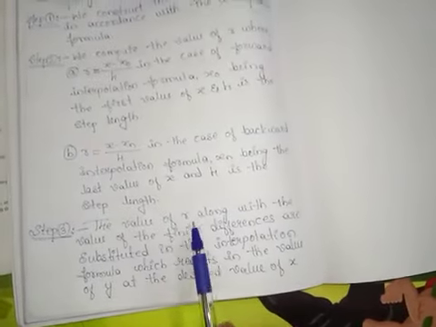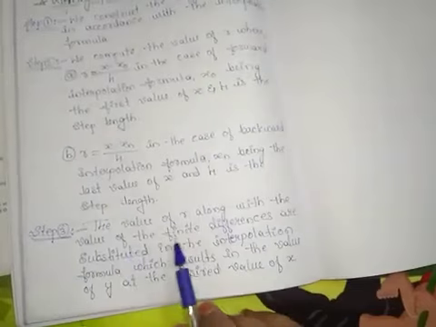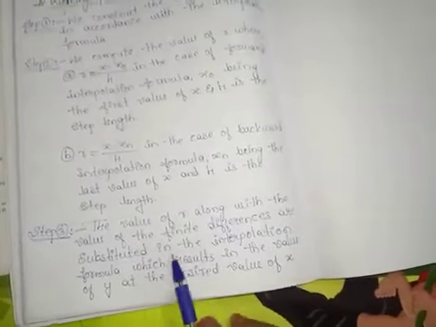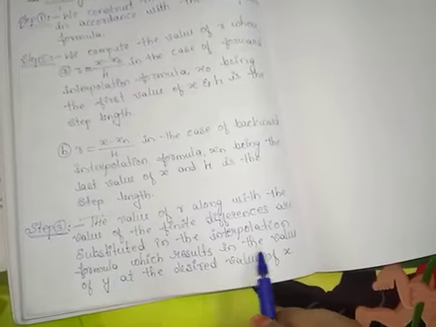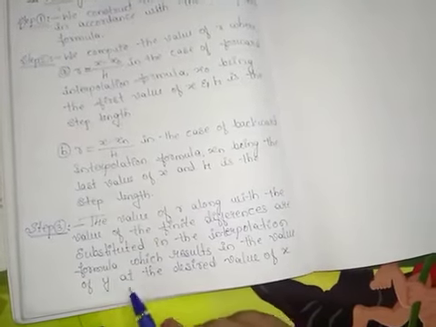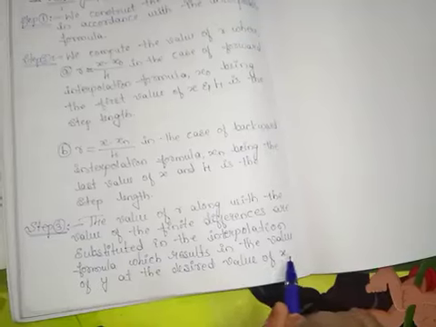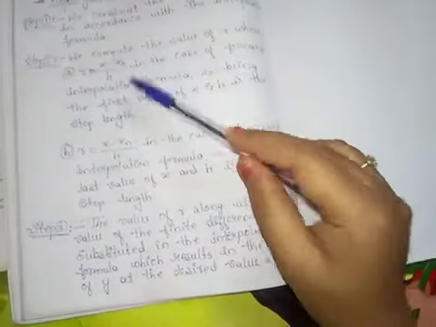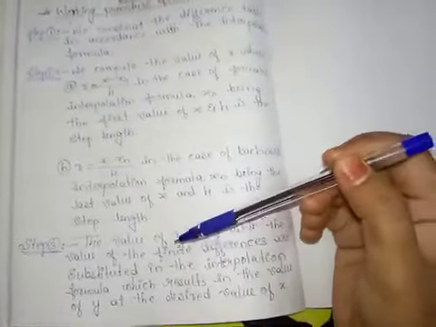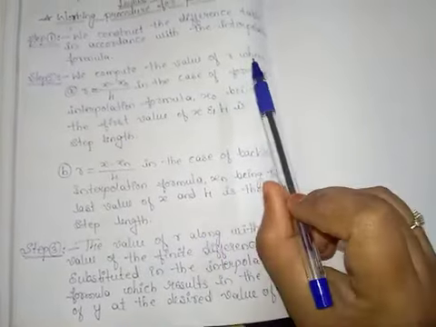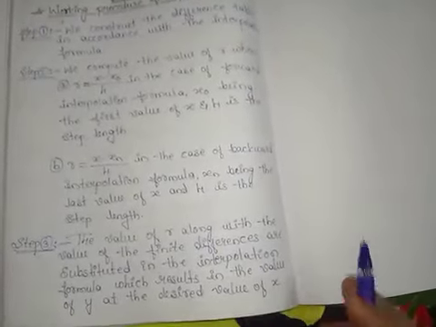And the last step: the value of r along with the values of finite differences are substituted in the interpolation formula, which results in the value of y at the desired value of x. After finding the value of r and the finite difference values from the difference table, we have to substitute all those values in the required interpolation formula.